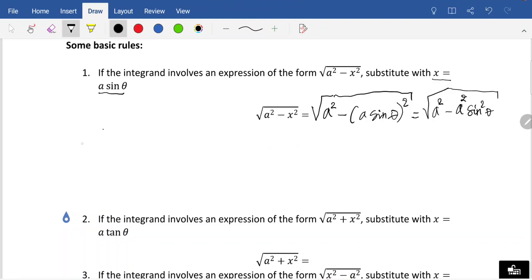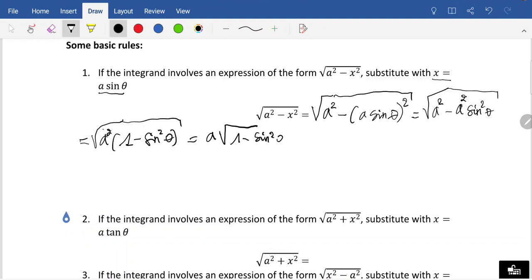We can clearly see that a squared is a common factor there, so we can pull it out. Then we have the square root of a squared multiplied into 1 minus sine squared of theta. Again, this is all under the square root sign. Then obviously, since we have a squared there, that can come out of the square root sign, and we have a multiplied by the square root of 1 minus sine squared of theta.